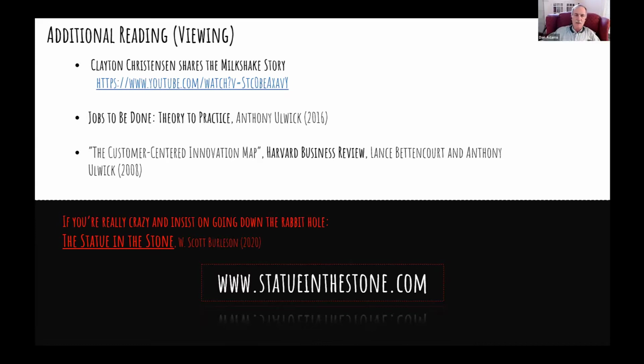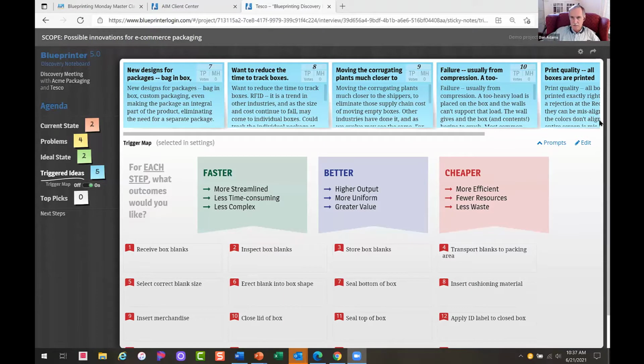Yeah, one thing that Paul and Tony, you both triggered, from a practical standpoint, how do we do this? Let me just share my screen real quickly here. One thing you can do is use the outcomes map in the Blueprinter software.